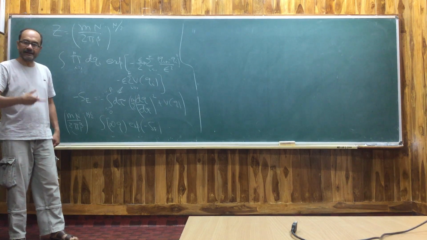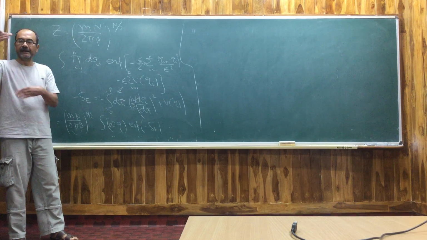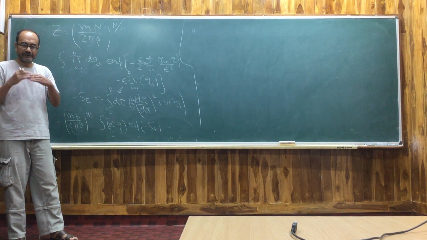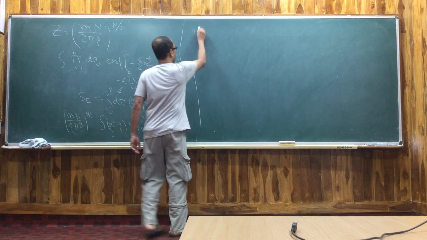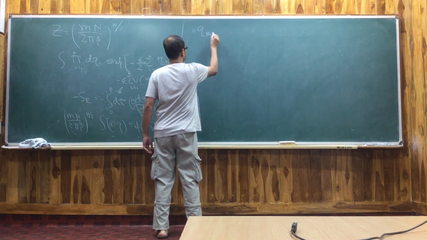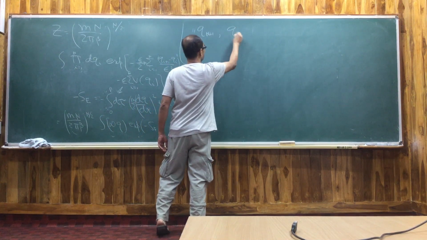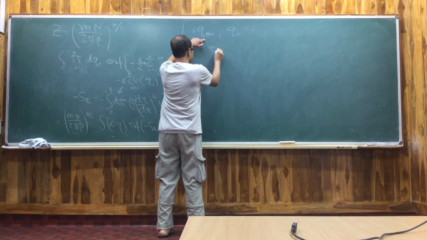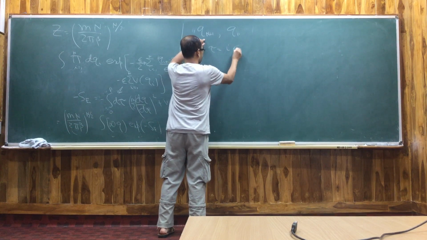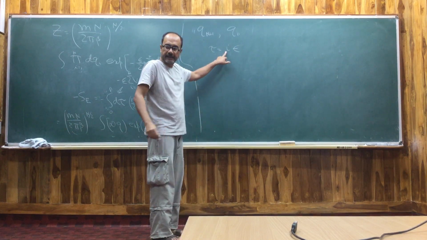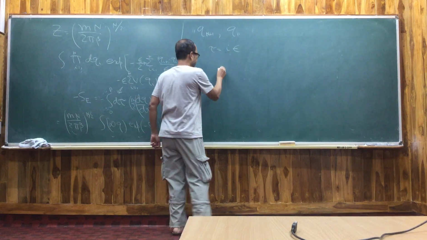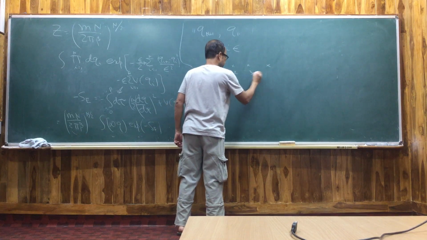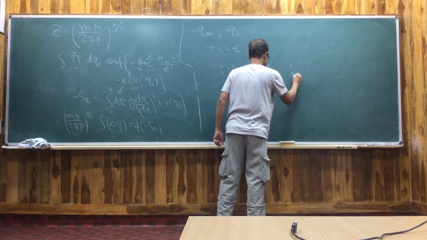It's like a cyclic configuration. So what is the difference between q_{n+1} and q_1? We are using the fact that tau is essentially i times epsilon, at the discrete points, so this is i equal to 1, 2, 3 up to n.